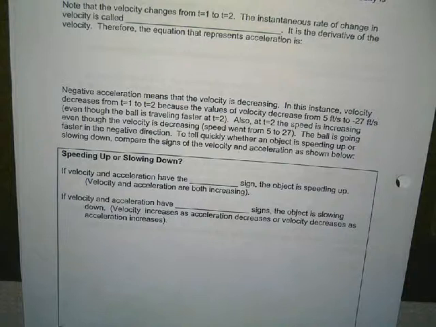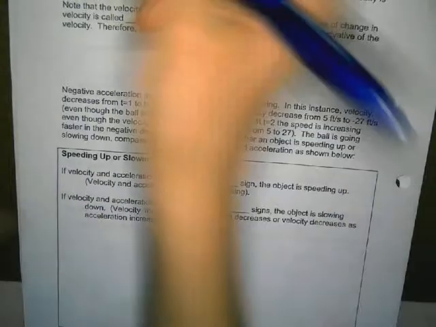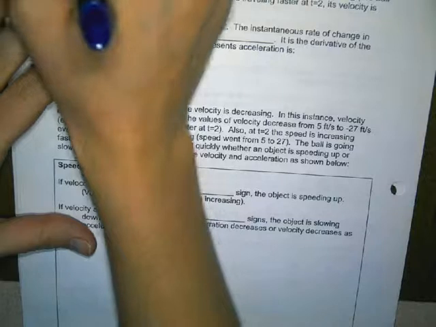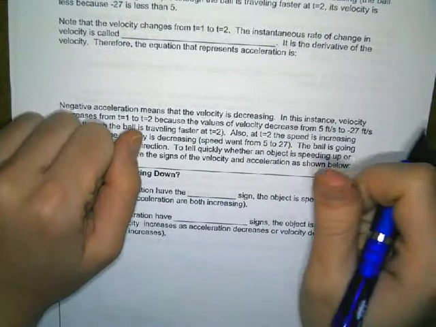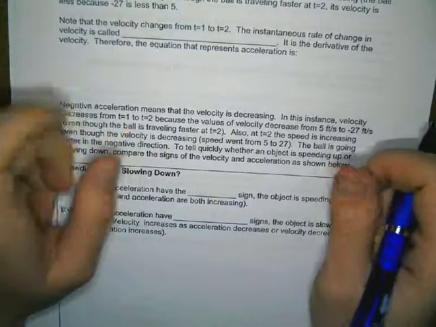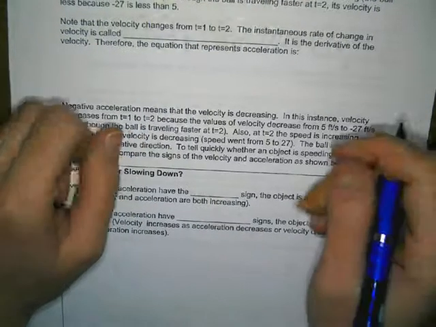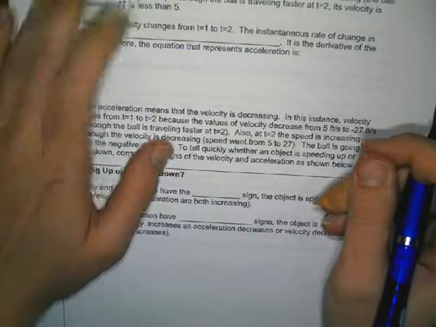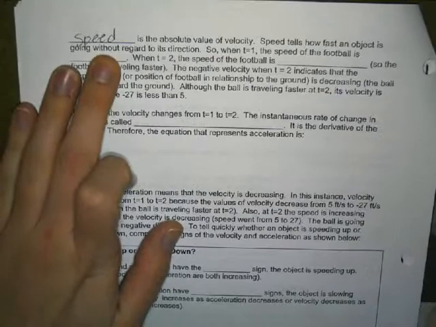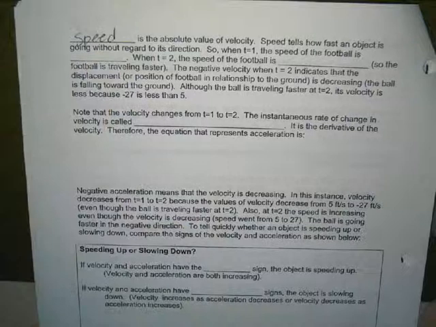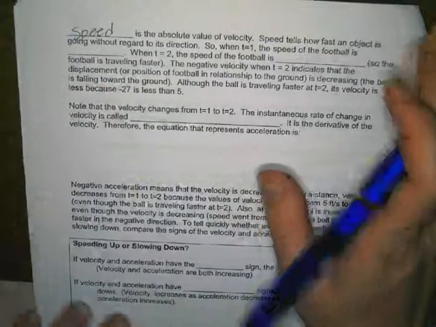The other part of this is that speed is the absolute value of velocity. When you're talking about how fast someone's going, usually you don't say they're going negative feet per second. You say they're going 40 miles per hour, because you're not worried about what direction they're going, just how fast. So speed tells how fast an object is going without regard to its direction.